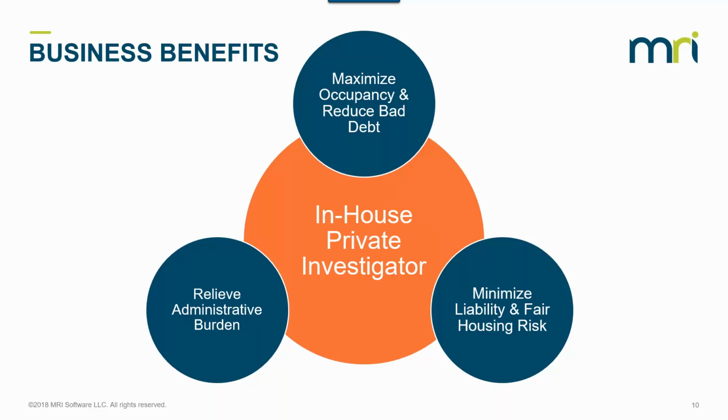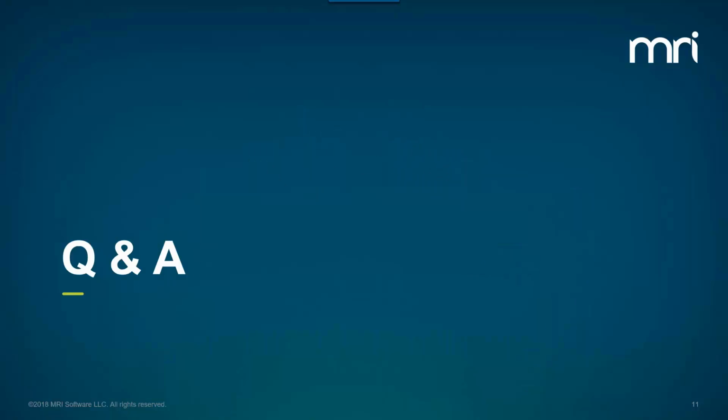But you can also log in and get more details, as we've seen, from the criminal records to the credit check, both at the corporate office and at the property. But again, we'll work with y'all in terms of how you'd like to customize those user permissions. So with that said, I am going to go ahead and turn it back over to Andy for any questions that you have.